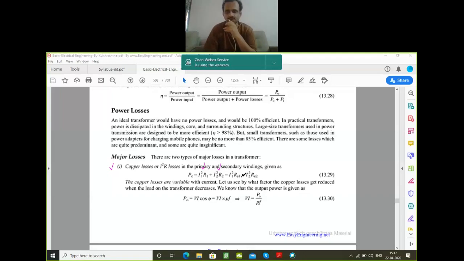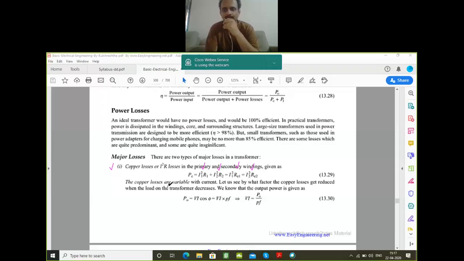Since the primary and secondary windings are different, the current in the primary and secondary may be the same, I1 equal to I2. So I1 square RE1, where RE1 is equal to R1 plus R2, which is also equal to RE2. So you can write it in terms of primary and secondary.